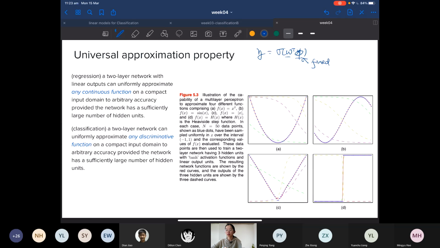We want flexible models. Ideally, we want models that can approximate any discriminative function, right? And neural networks do give us such a guarantee. In fact, these guarantees were proved in the late 80s. And the proof is nice. It states that a 2-layer network can already give us a guarantee.